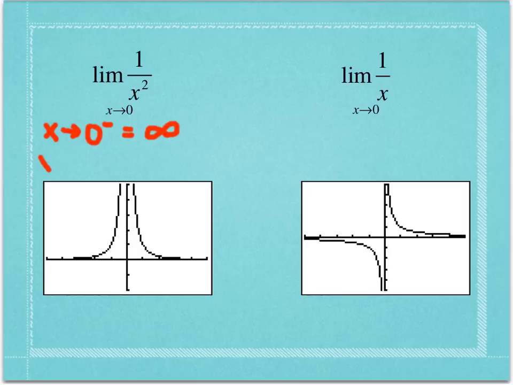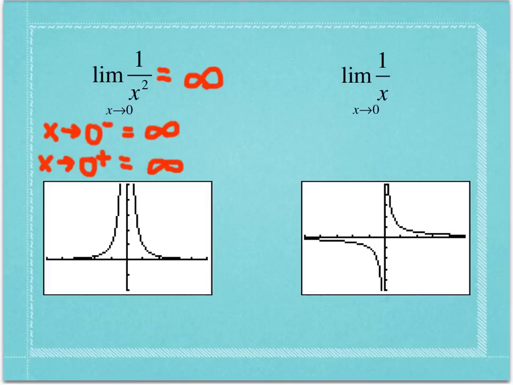And as x approaches 0 from the right, again, the same type of thing, following the function. And remember, limits are y values, and so clearly, again, it's going to be infinity. Now, because these two agree, I can say that my overall limit here is going to be infinity. So far, so good.